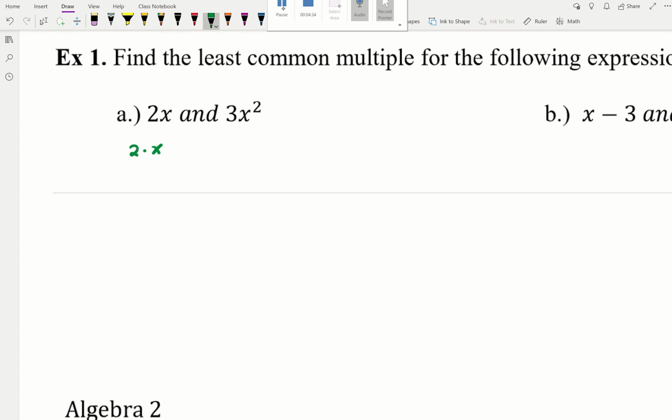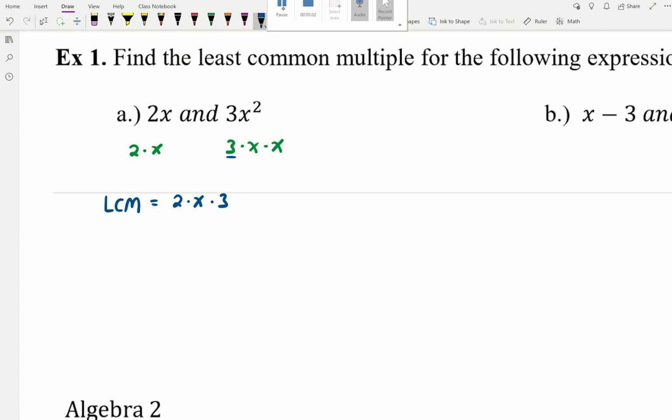The factors of 3x squared are 3 times x times x. Now, when I'm trying to figure out the LCM, the least common multiple, I'm going to take every factor from the first, so 2 times x, and I'm going to add any new factors from the second. This time 3 is new, so we're going to multiply by 3.